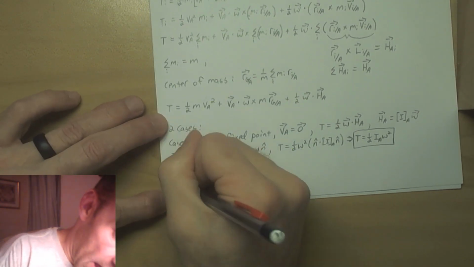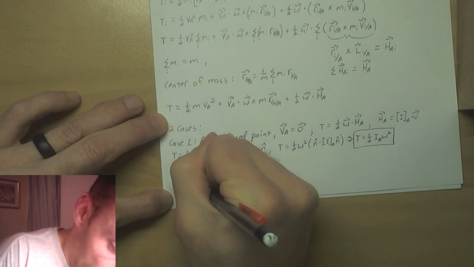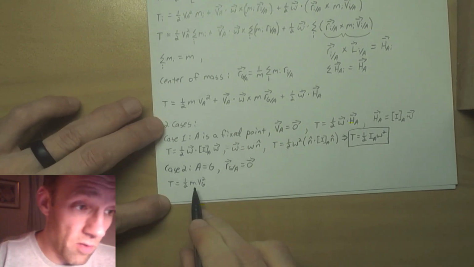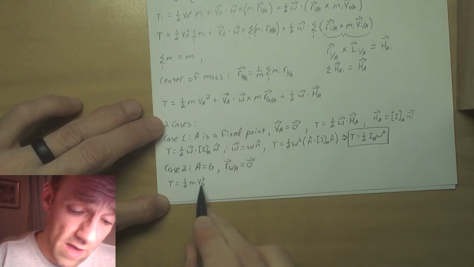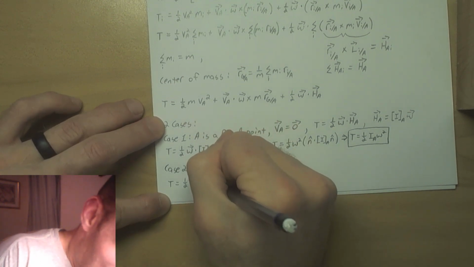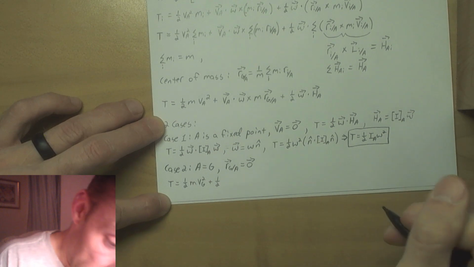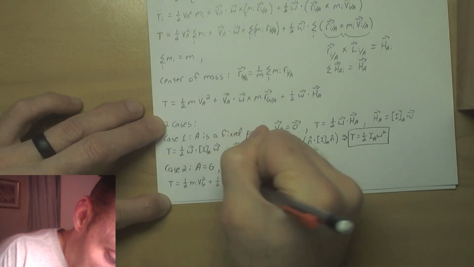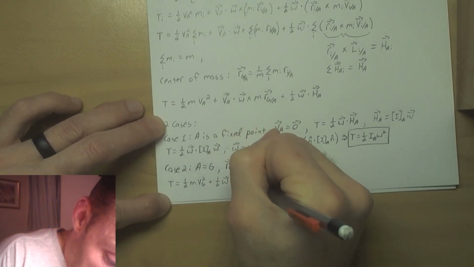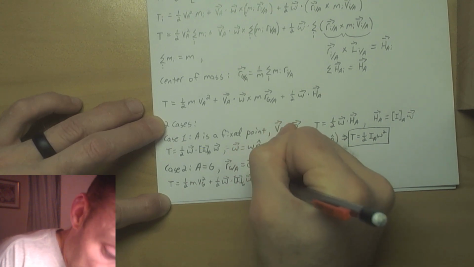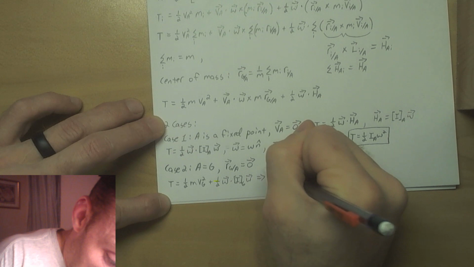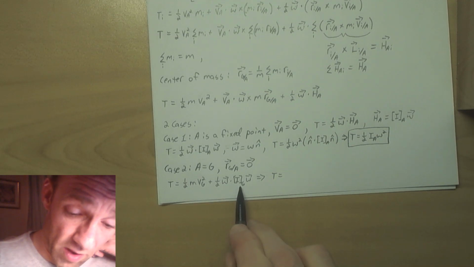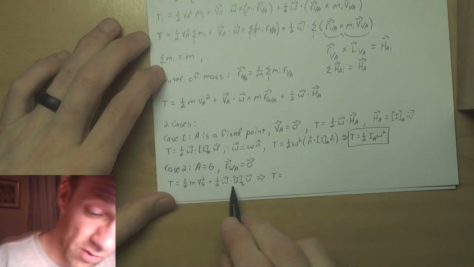So then the kinetic energy is 1/2 the speed of the center of mass squared, plus the same kind of term, and likewise, the inertia tensor here is now evaluated at the center of mass. That's the only difference here.